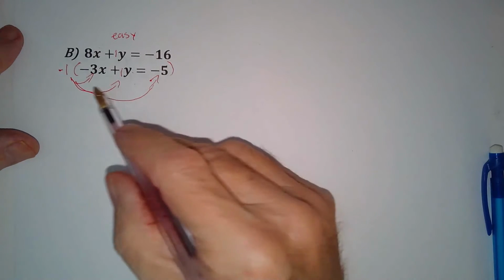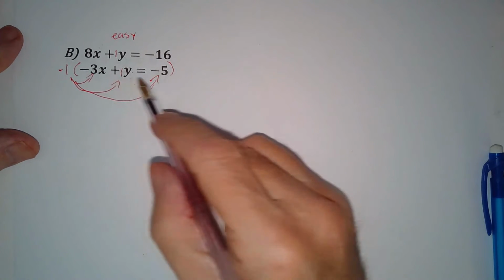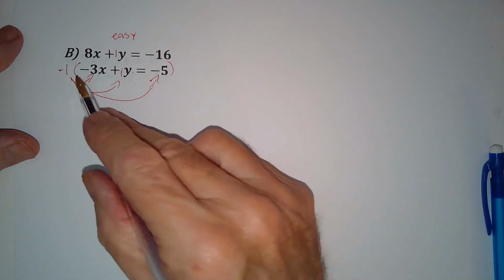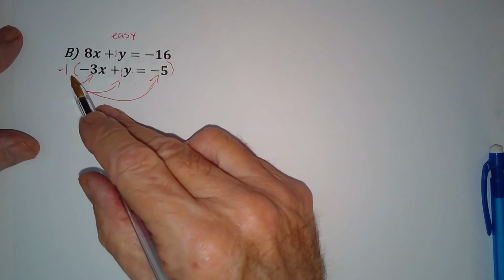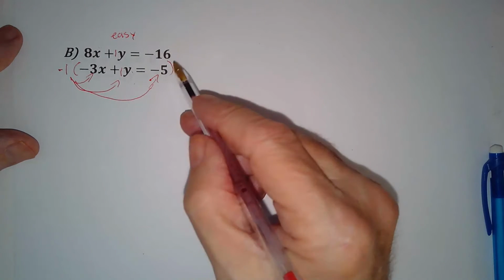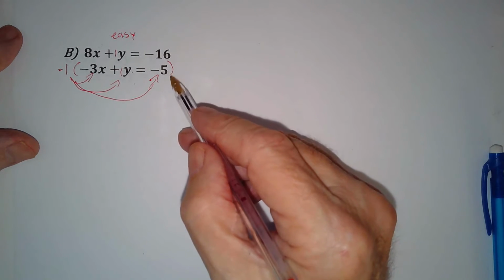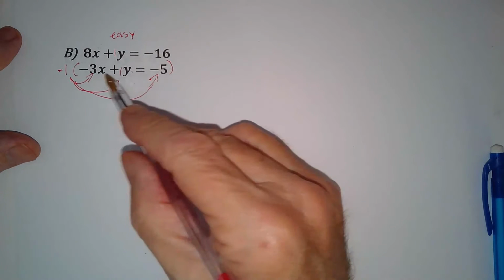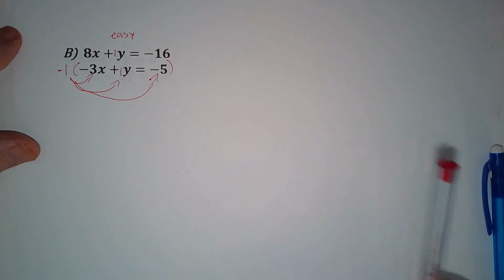And the reason I'm multiplying the second equation times negative 1 versus the top one is that if I'm going to make a change, I'm going to make it to the simpler equation. Again, we go easiest, the easiest way we can. These terms are lower for the most part. In fact, they are, except for the y.